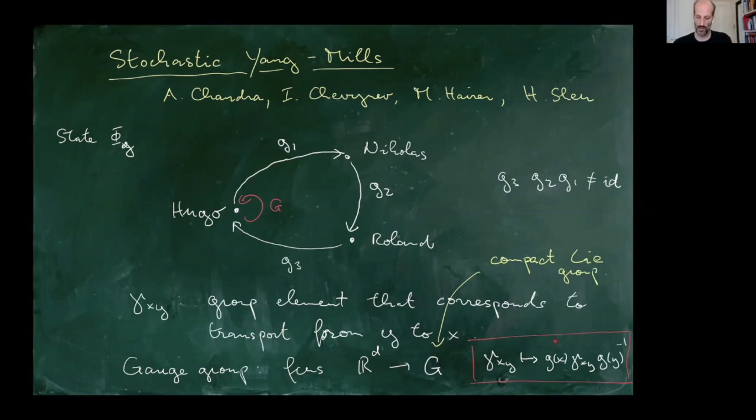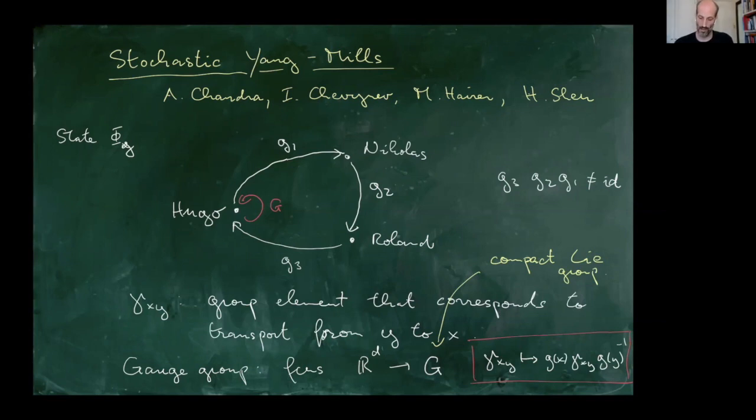You have this guy here that acts on g of y applied to phi of y, so the g of y's cancel out, and you see that that's exactly the same thing as simply first transporting phi of y to x with gamma, and then applying g of x, right? You see what I mean?